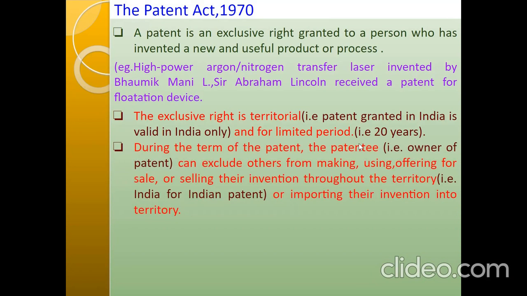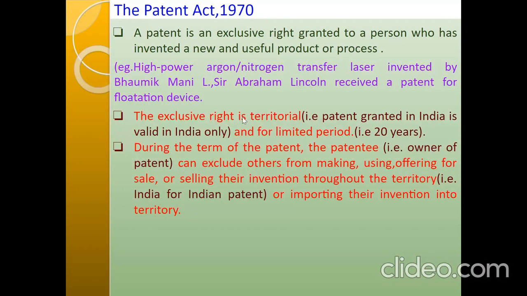During the term of the patent, the patentee, that is the owner of the patent, can exclude others from making, using, offering for sale or selling their invention throughout the territory, that is again India for an Indian patent, or importing their invention into the territory. The patent granted in India is valid in India only.